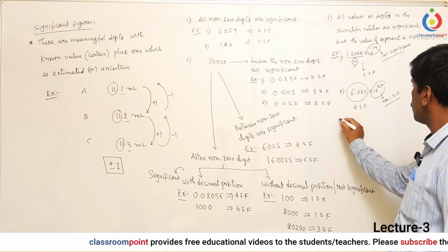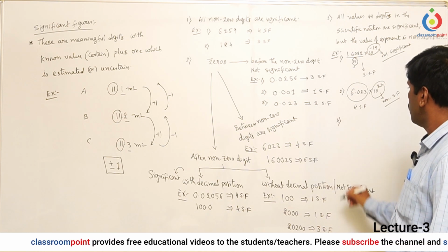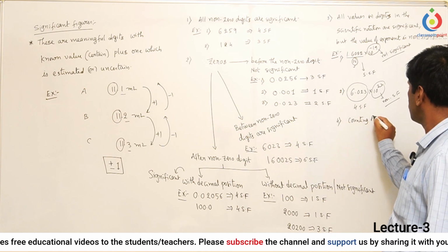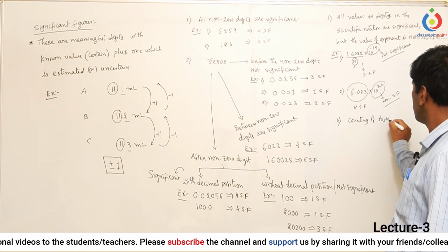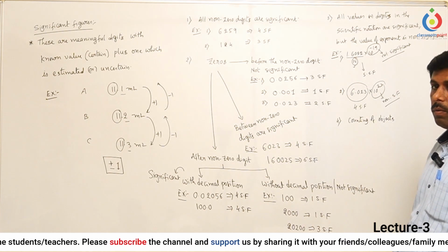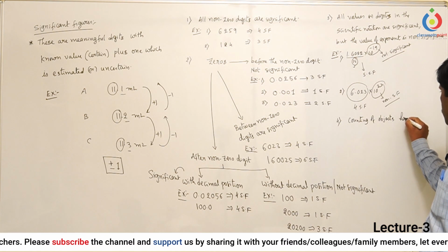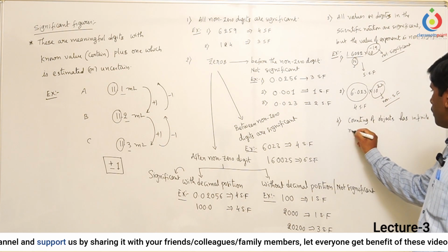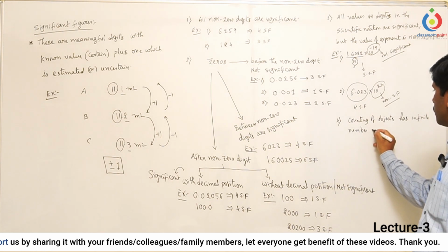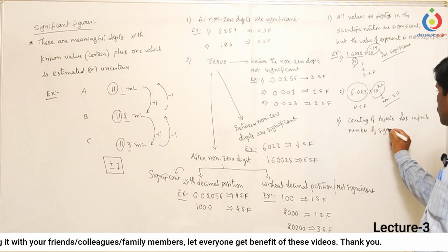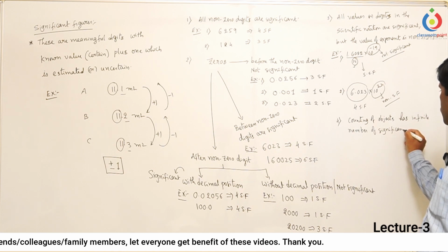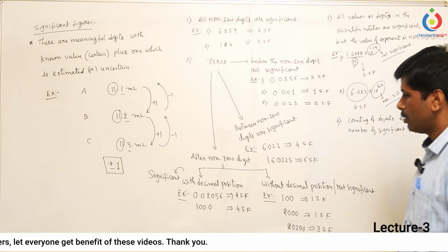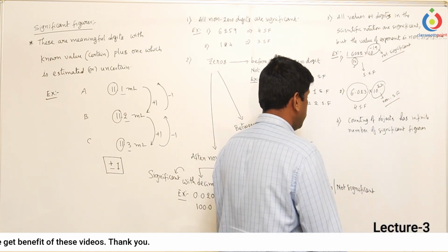Next, let us go with another rule, that is counting of the objects. Counting of the objects has infinite number of significant figures. So let us try to see what is counting of the objects.